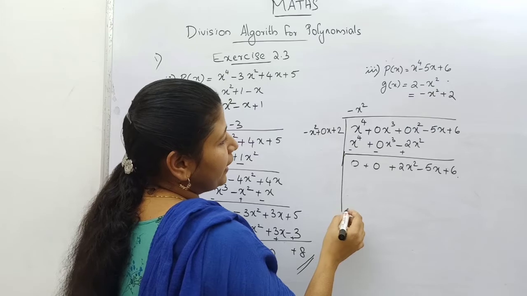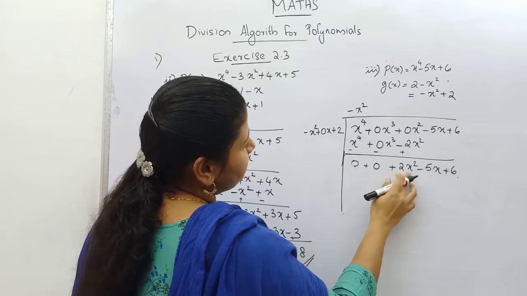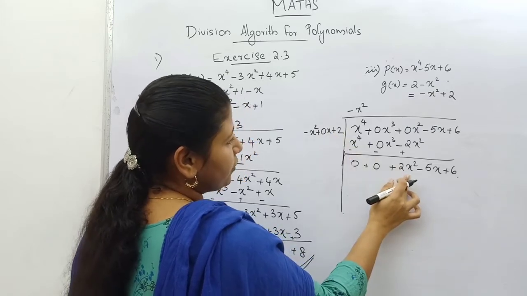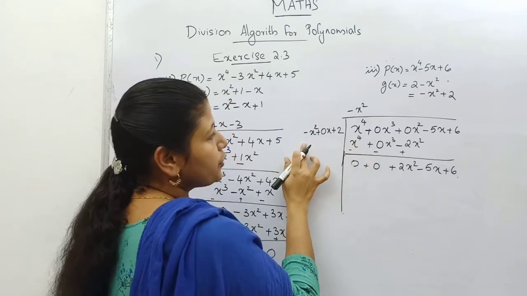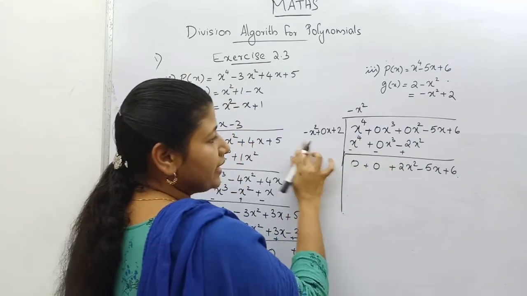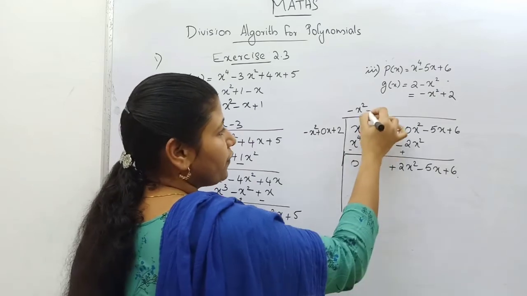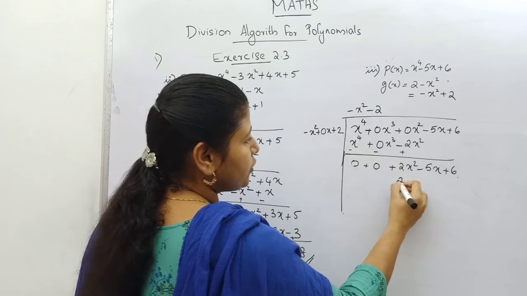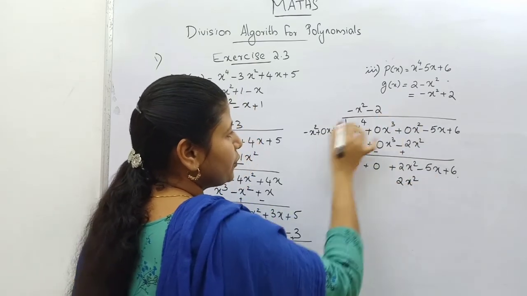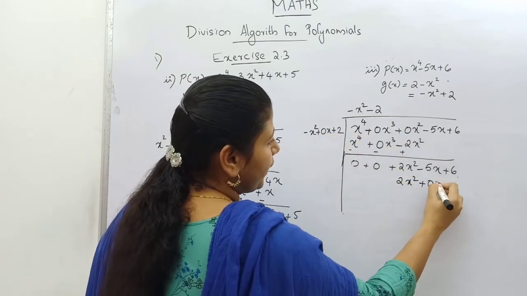Now we can multiply with, here we need 2x square. Am I right? 2x square we need. Here x square is already here, so we want to change the negative sign and we need one more 2. So we can multiply with minus 2. Then minus 2 into minus x square is 2x square. Negative 2 into 0 is 0x.